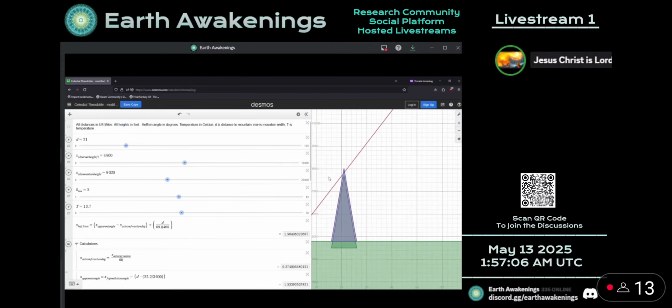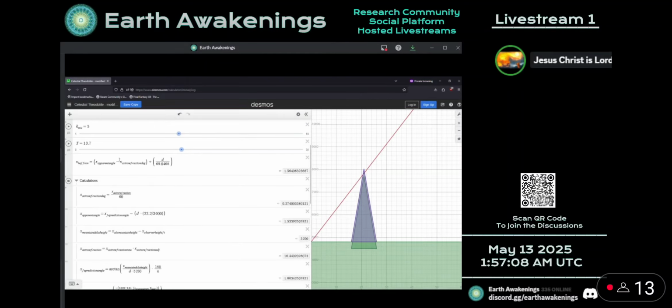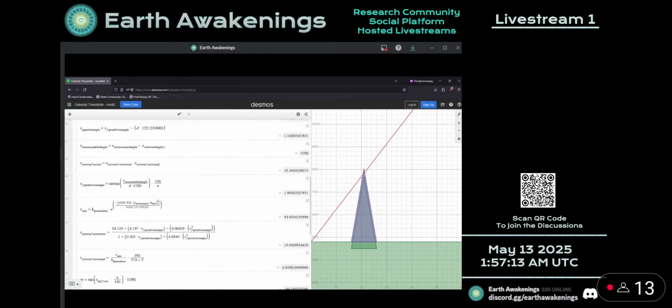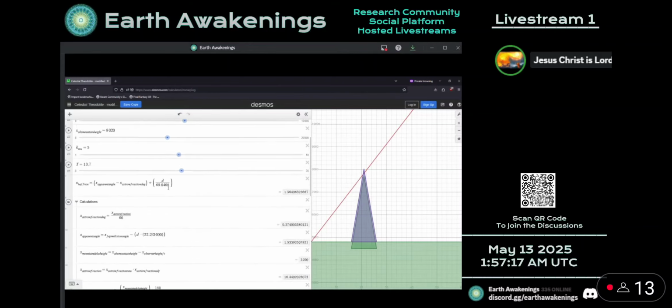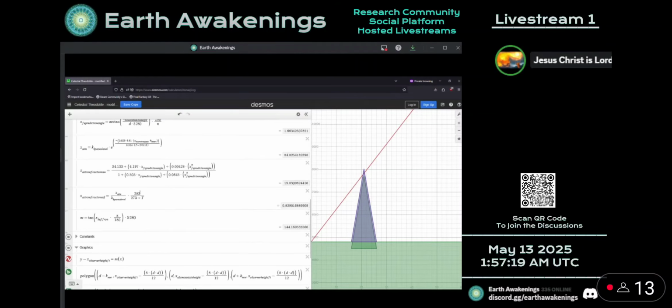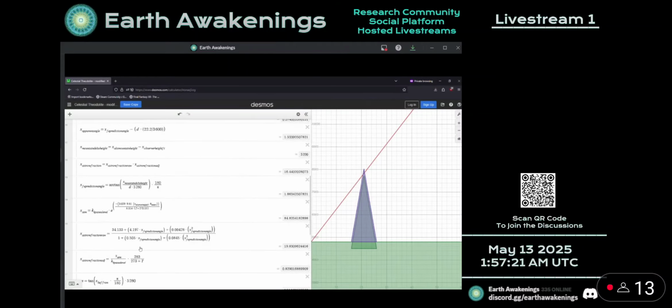Yeah, but so if you notice, here's the thing. If this angle for celestial refraction, or this formula rather, is correct and accurately modeling the behavior, this should be precise, plus or minus like 1%.